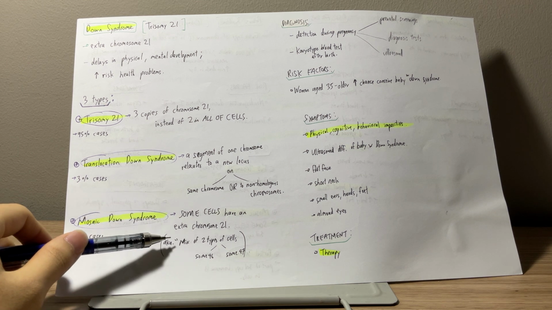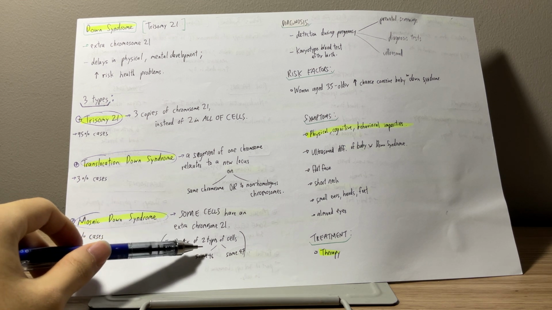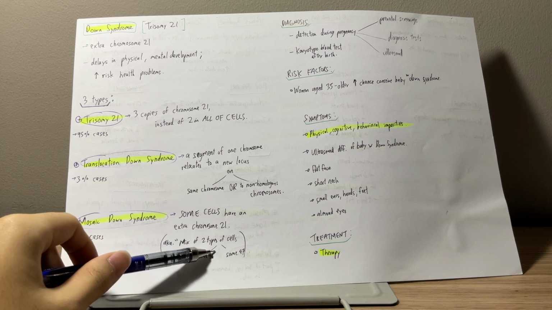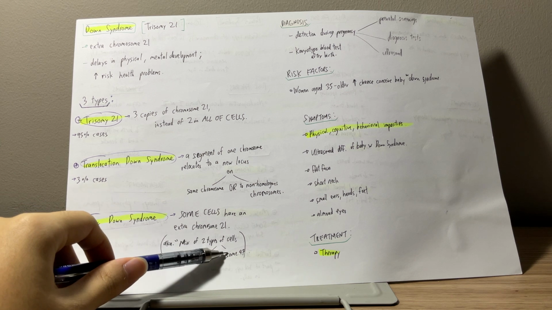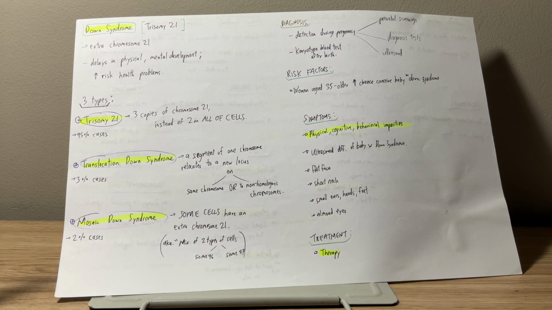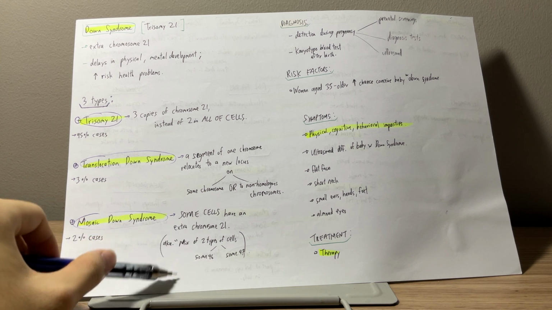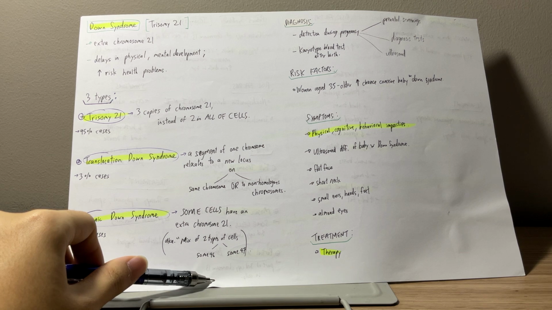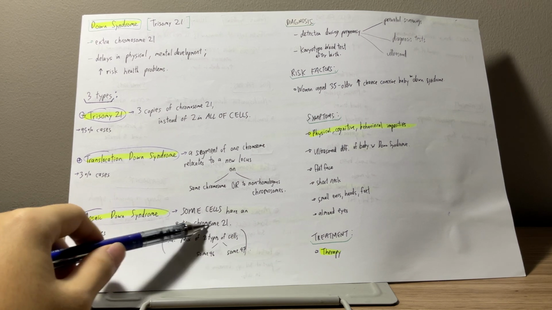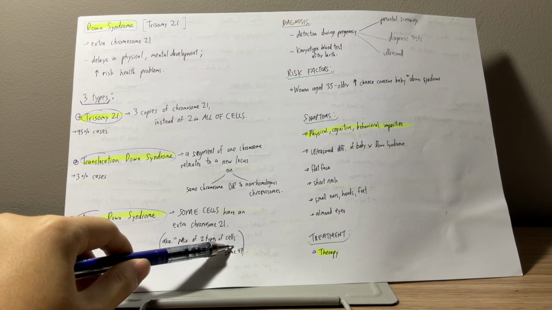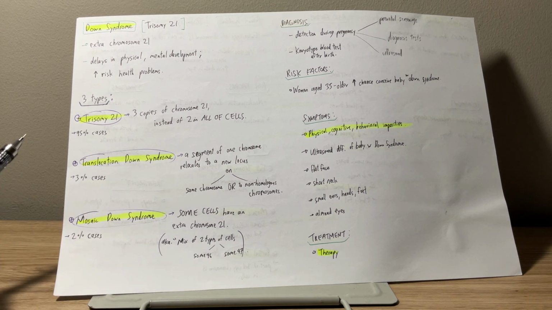In other words, there is a mix of two types of cells. Some of them are 46, some of them are 47. That's not supposed to happen. Ideally, it's only supposed to be all 46, 23 from the father, 23 from the mother. So yes, extra chromosome 21, that makes it 46 plus 1 equal to 47 in some cells.